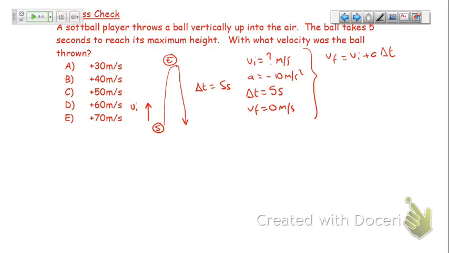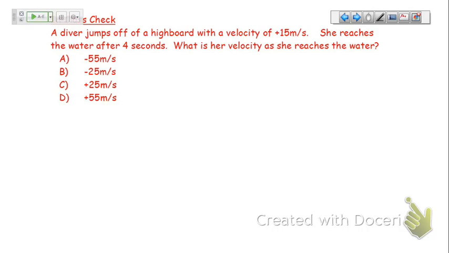So that's going to be 0 is equal to VI plus minus 10 times 5. So VI equals, taking the minus 50 to the other side, plus 50 meters per second. So that's nicely done. And then, can you have a go at that one for me, please?